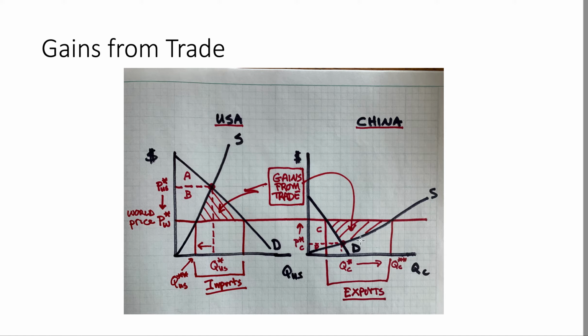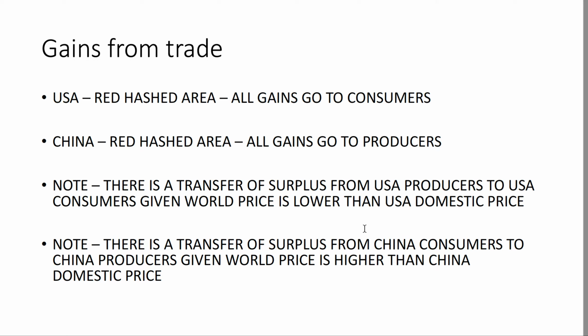So it's these two hashed areas that represent gains from trade and why 99% of all economists say free trade is a good idea, because we're picking up those two hashed areas by opening up trade between China and the United States. This bilateral deal, trade liberalization, we've gained all this extra value because we've opened up trade.